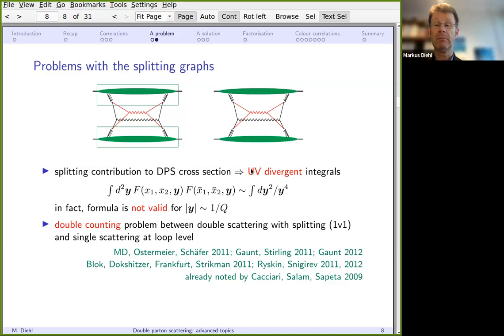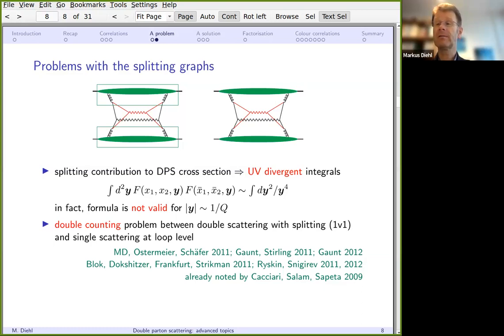And anyway, you have double counting. So what's the solution? Physically, the solution is relatively clear. When does it make sense to speak of 2 hard scatters from 2 partons? That makes sense if the typical size scale of the hard scattering is small compared with the distance between the 2 partons, because then you can say one scatter is here, another scatter is there.